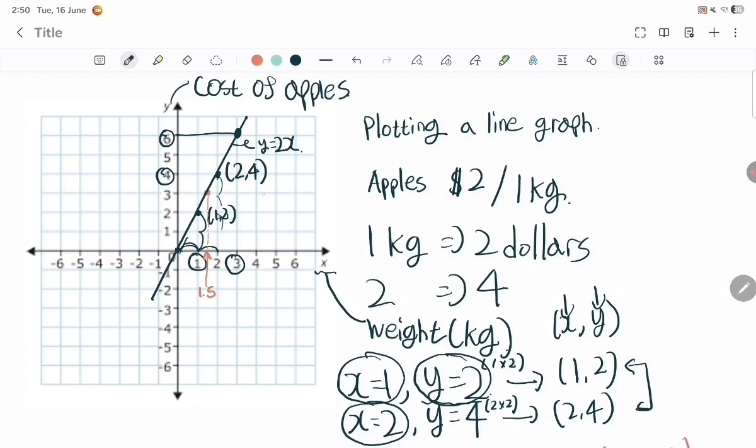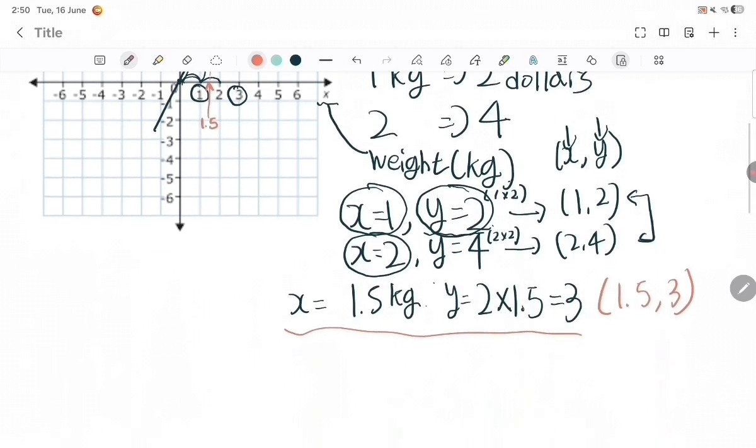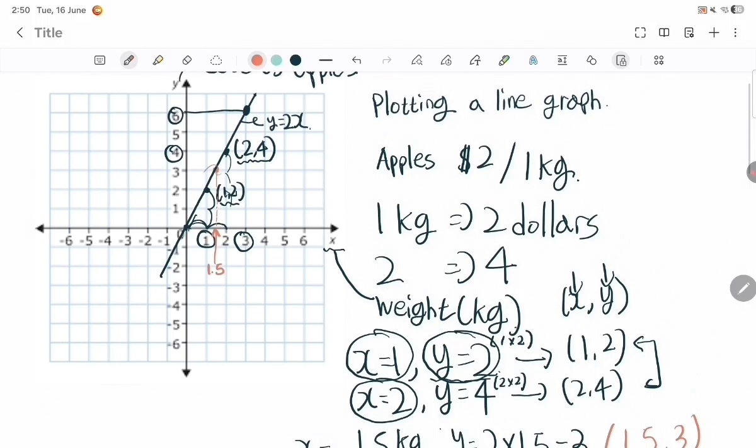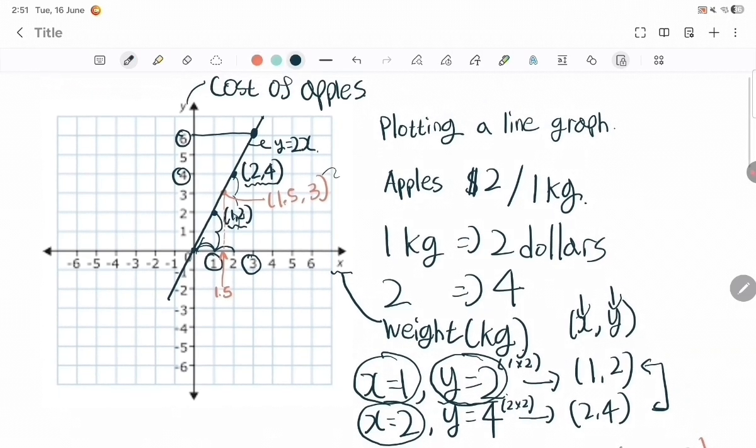Each y value is exactly twice the x value. So if you multiply these x values by 2, then you get the y values. So that's the pattern we've been spotting all along.